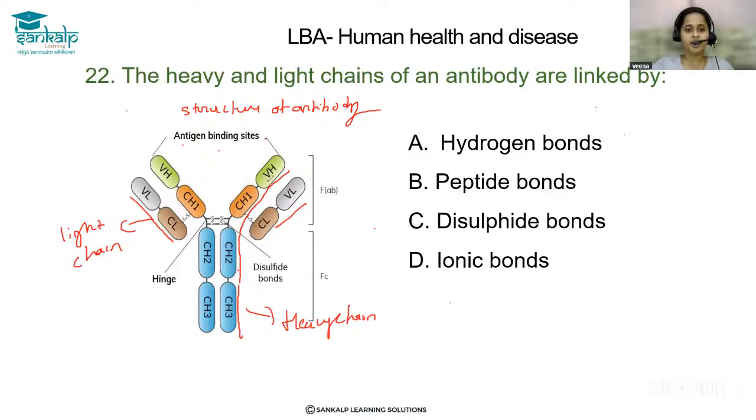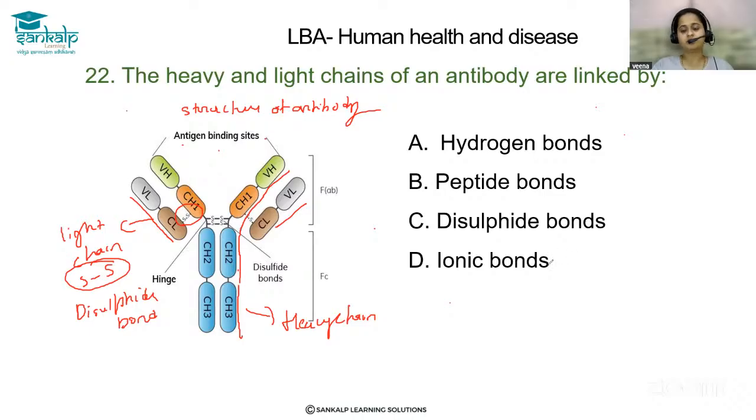The light chain and heavy chains in the antibody are connected by a bond. It is a sulfide bond, with double S, so it is called a disulfide bond. It is not hydrogen, not peptide. A peptide bond is present in proteins.